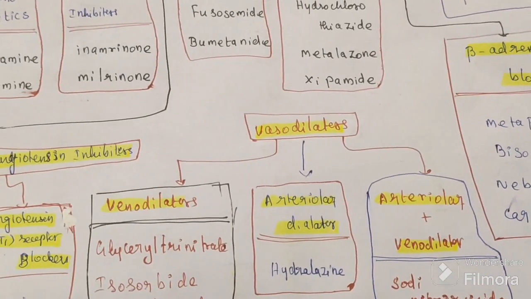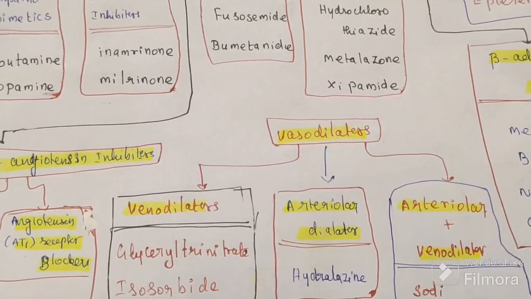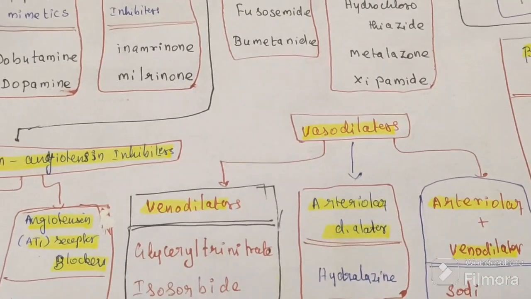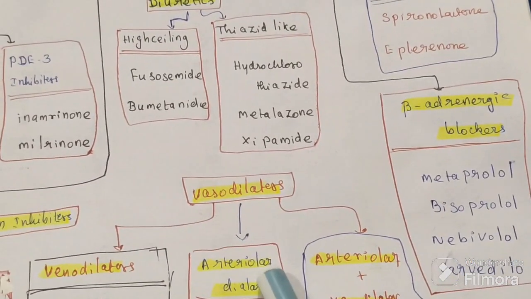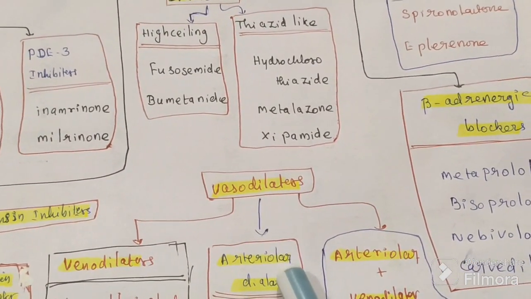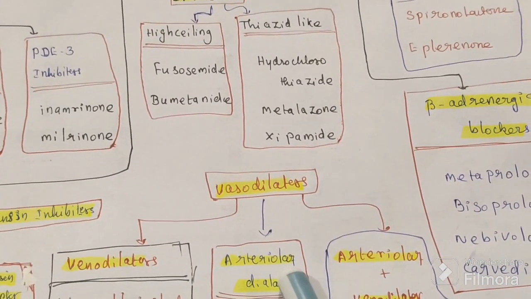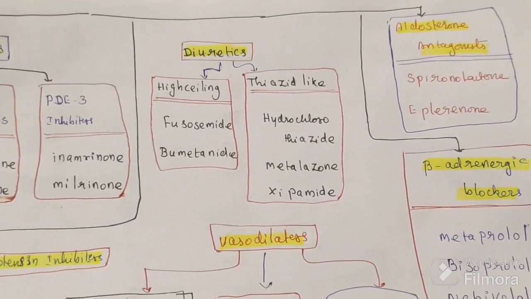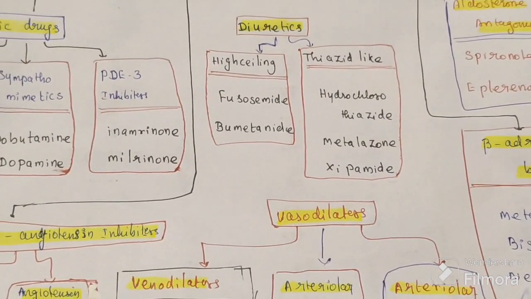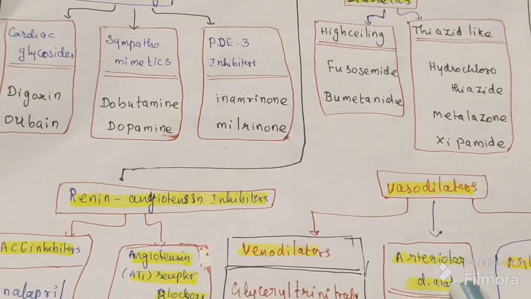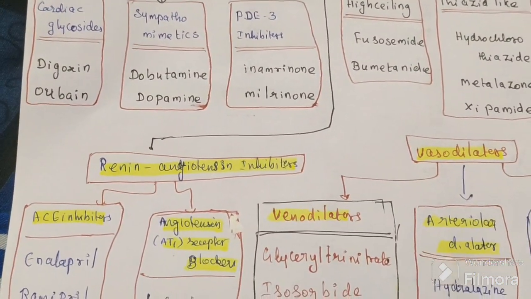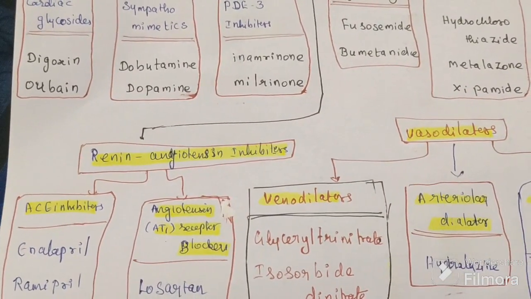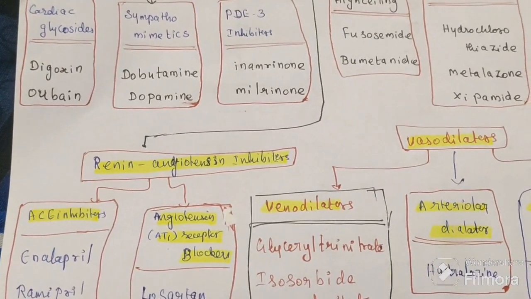Then we give arteriolar dilator, venodilator, or both dilators. Then we give beta blocker to block beta 1 receptor on the kidney to inhibit renin secretion. Then we give ACE inhibitor to inhibit renin, and ARB. We give aldosterone antagonist to inhibit aldosterone. We give diuretic because of sodium and water retention. So these are all the classifications.